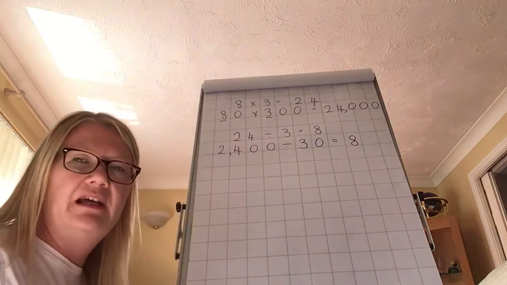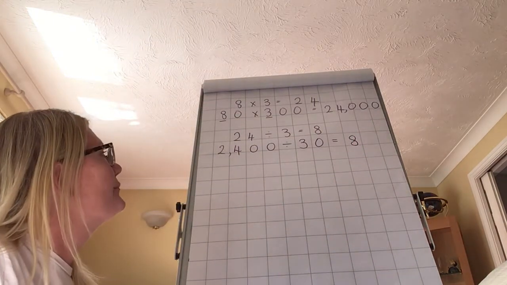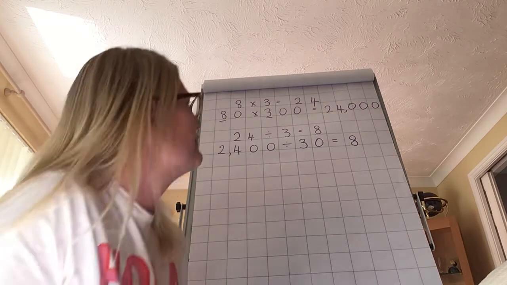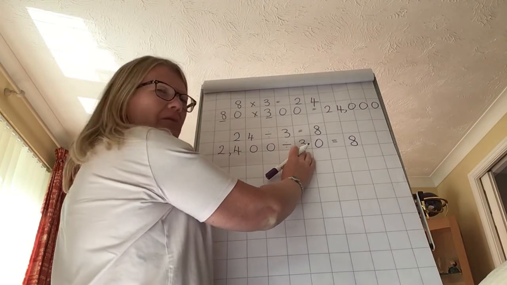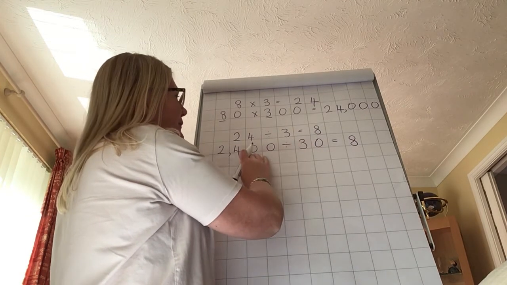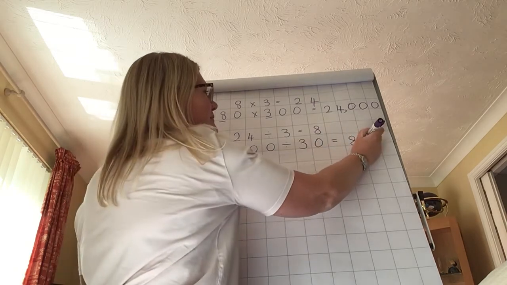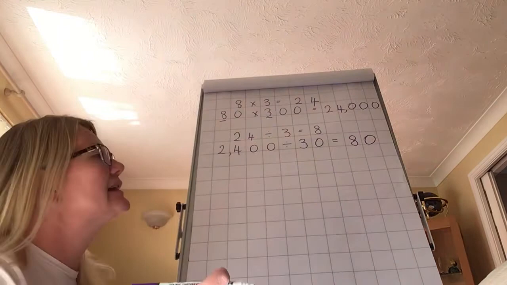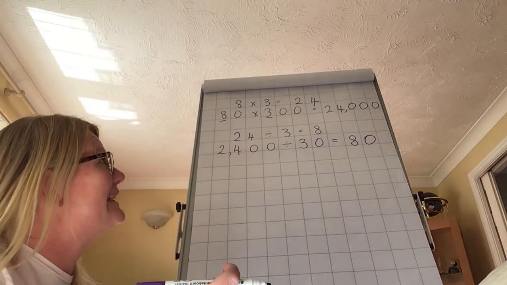Now, it's a little bit trickier dividing, but let's think. If 8 threes are 24, so 8 30s are 240, and I need that to be 10 times bigger. So straight away I can see that it's 80.